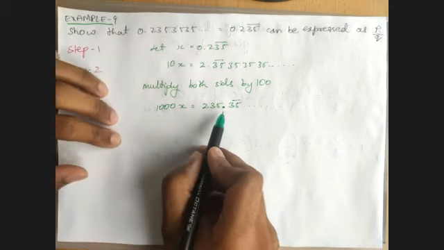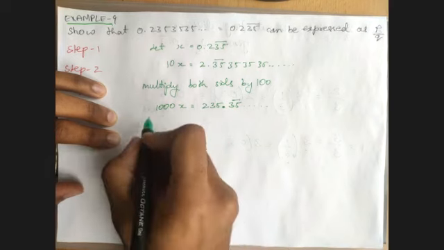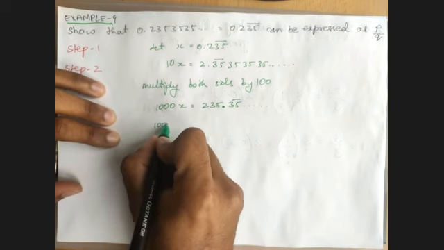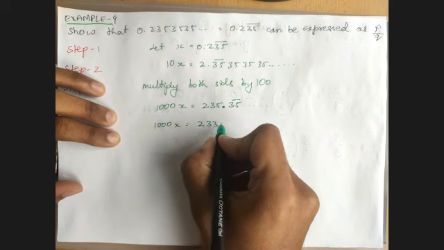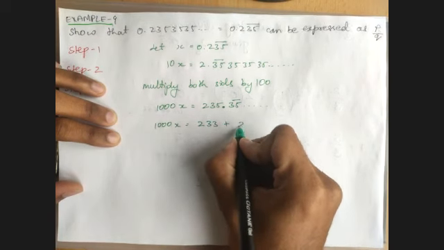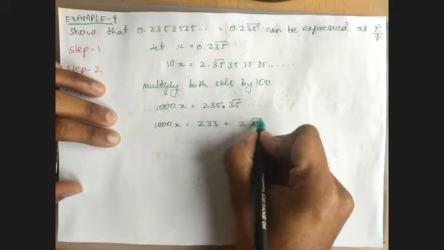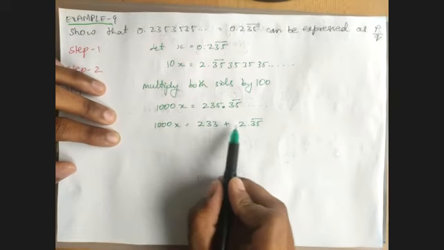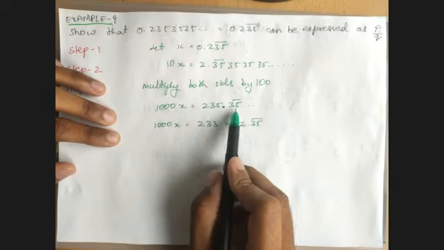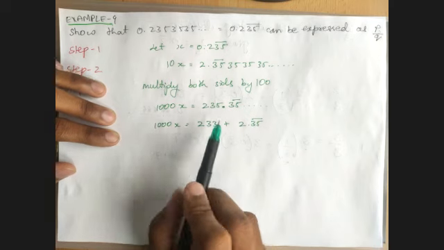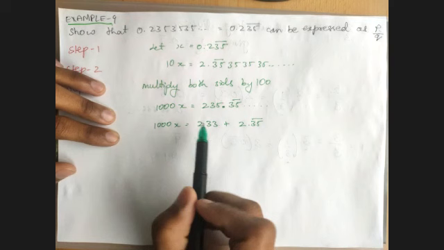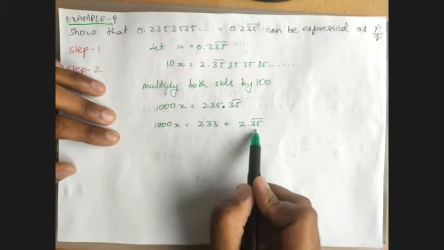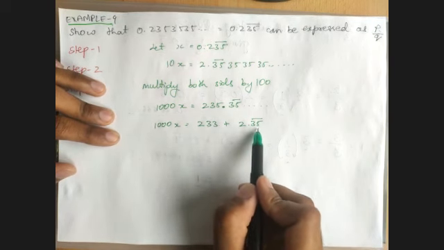I can write this as 1000x is equal to 233 plus 2.35 recurring. Is it same? If I add, I'll get 235.35 recurring. That means if I subtract this minus this, whatever I get, I have to write it here, and the remaining part I write it here.